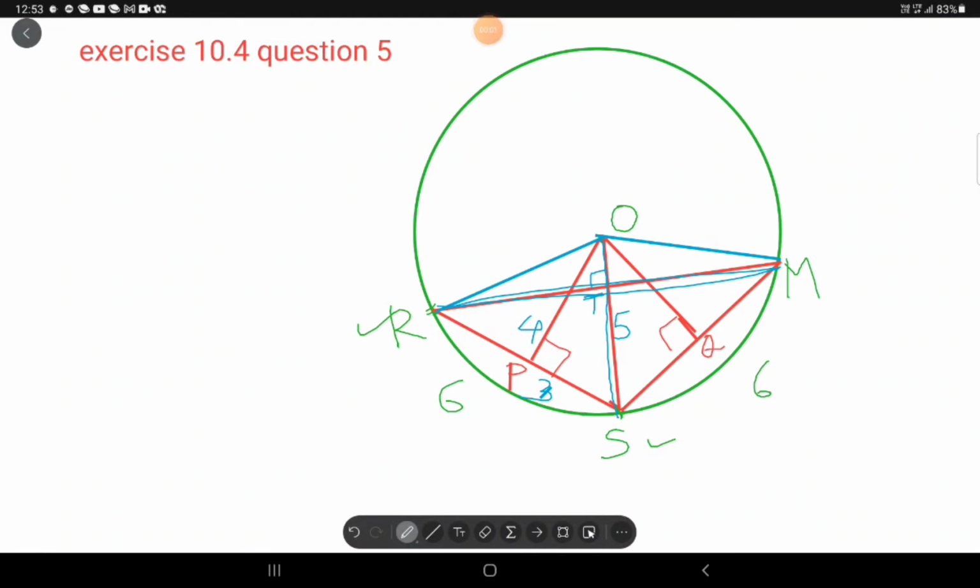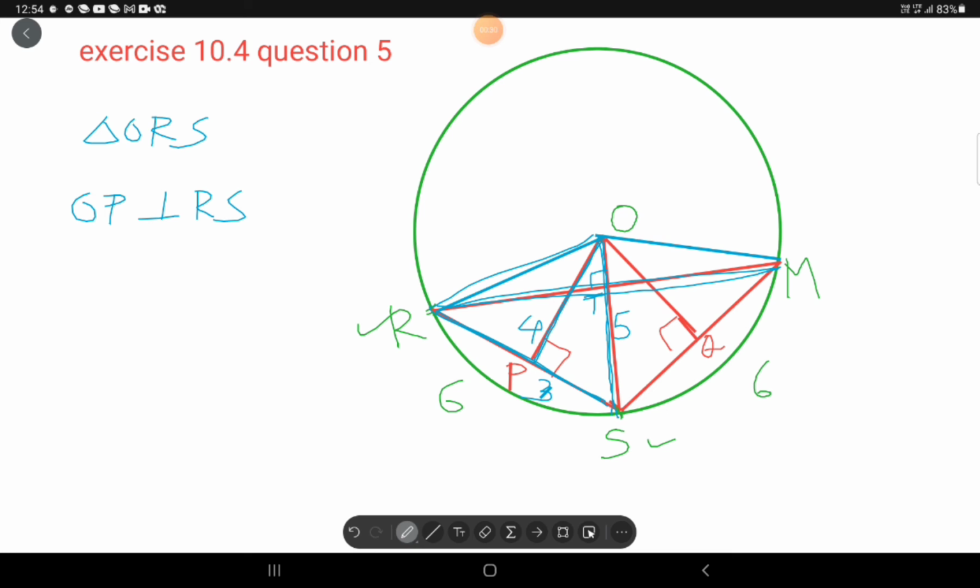Now consider the triangle ORS. There is one perpendicular to one of its sides, RS. That is, OP is perpendicular to RS.